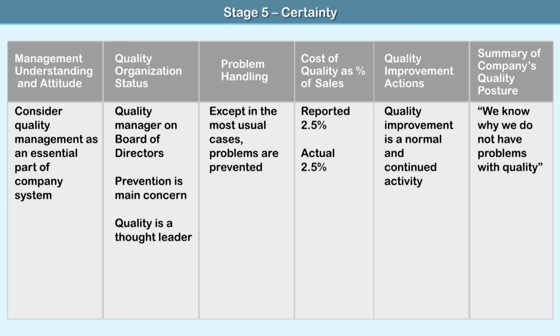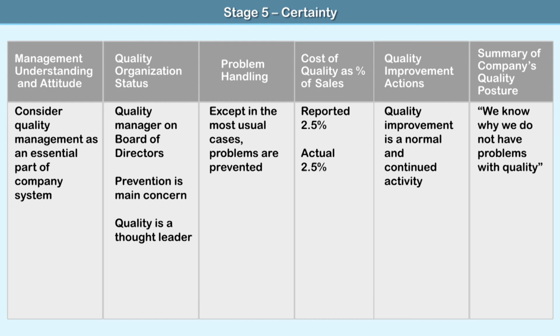The cost of quality as percentage of sales is reported at 2.5% and actual 2.5%. Quality improvement is a normal and continued activity. Summary of company quality posture is, we know why we do not have problems with quality.